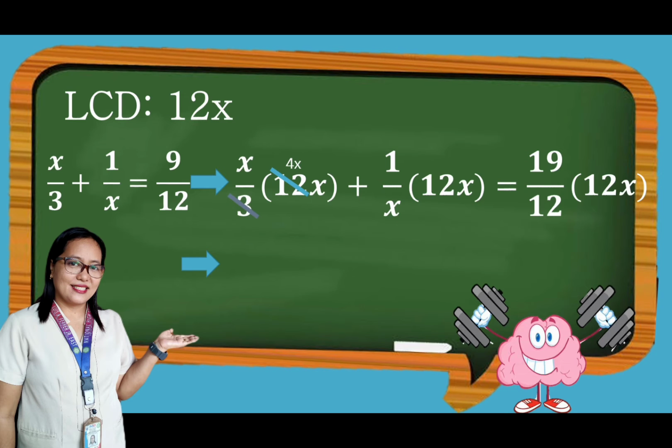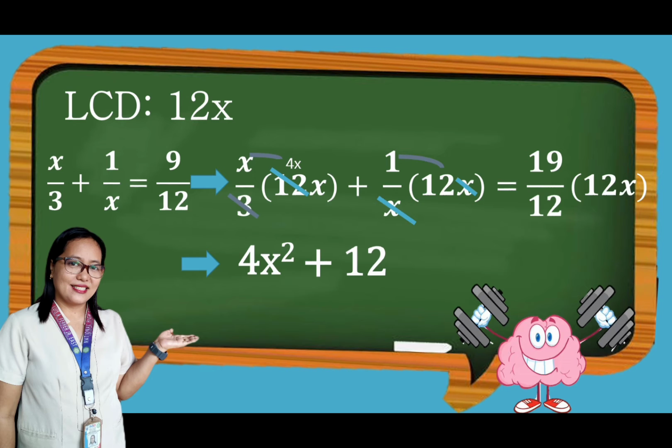We have 4x. Then, 4x times x is equal to 4x squared. Next, we can divide x and x. So, we have 12 times 1 is 12.